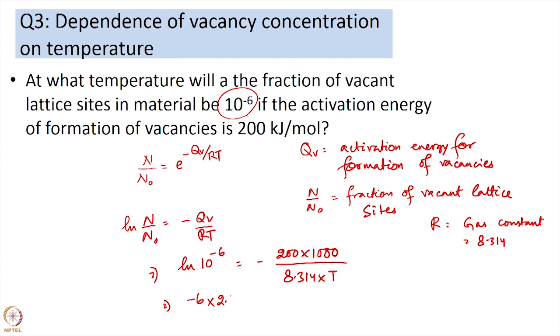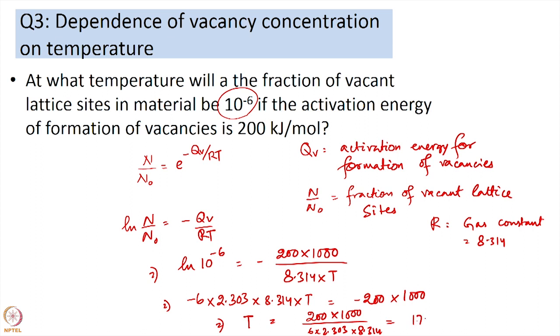So, minus 6 into 2.303 is equal to 200 into 1000 divided by 8.314 into T, which implies temperature T will be 200 into 1000 divided by 6 into 2.303 into 8.314.